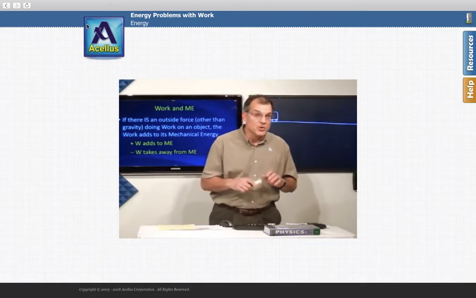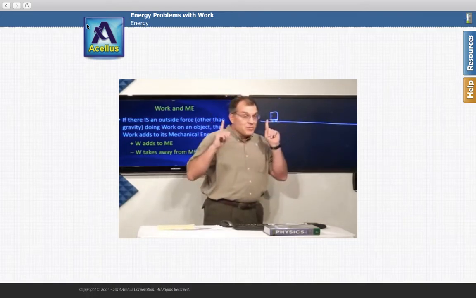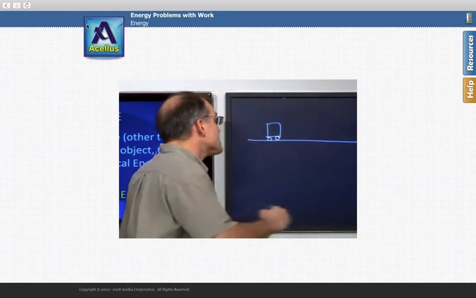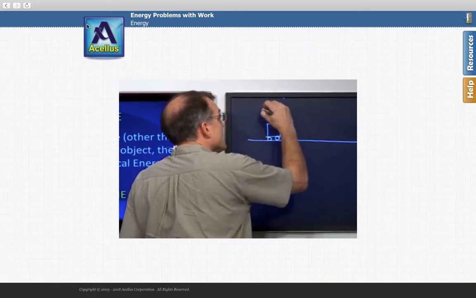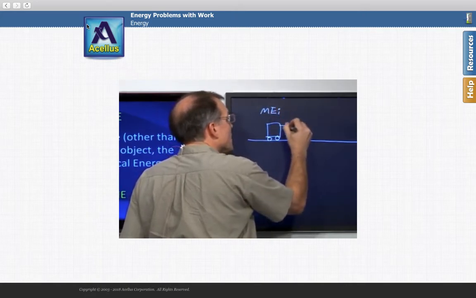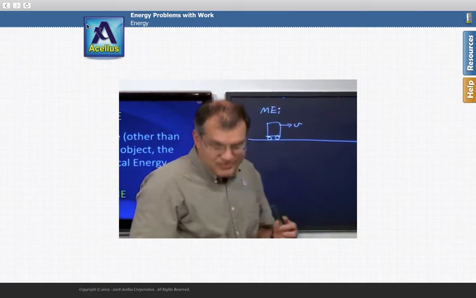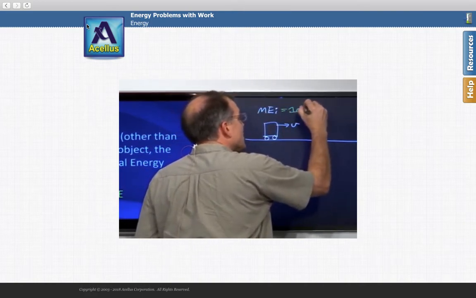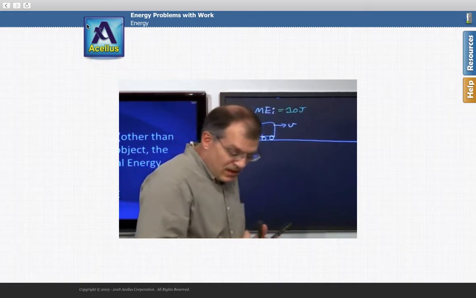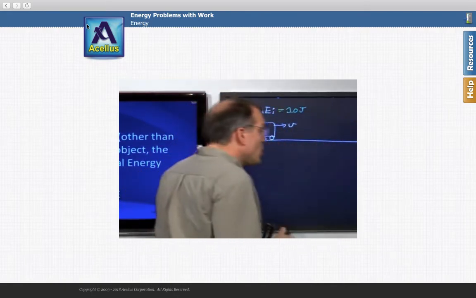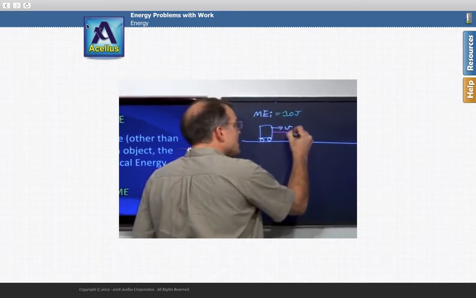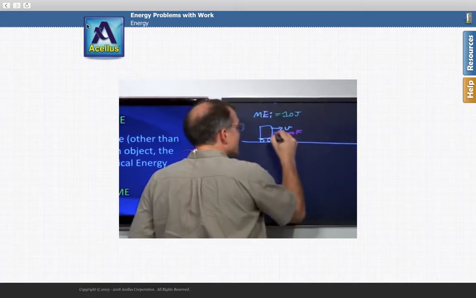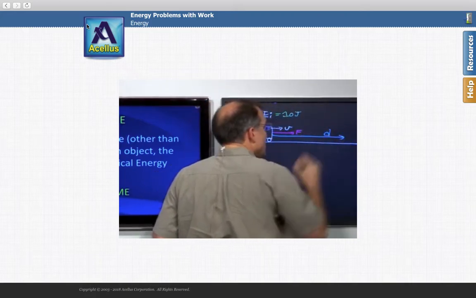And so in a more realistic type of problem, there will be some outside forces, but it's really not that much harder to include. To get the picture straight in your head, imagine we've got this object, and it starts with some mechanical energy, MEi. It's moving along at some speed, and just to put numbers on it, let's say it's got 10 joules of mechanical energy. Now, instead of just letting it roll, we're going to apply a force to this over some distance, d.